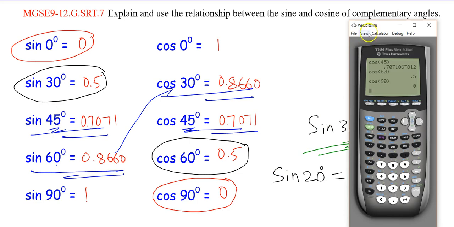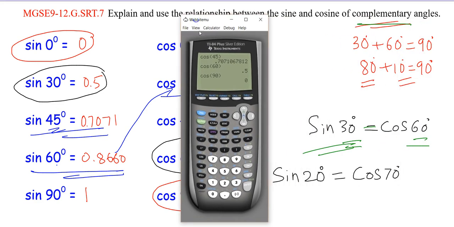Verify it using a calculator. Sine 20 degrees is equal to 0.3420. And what is cosine 70? Cosine 70 degrees is also equal to 0.3420.